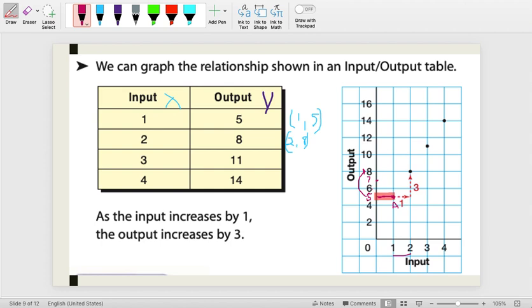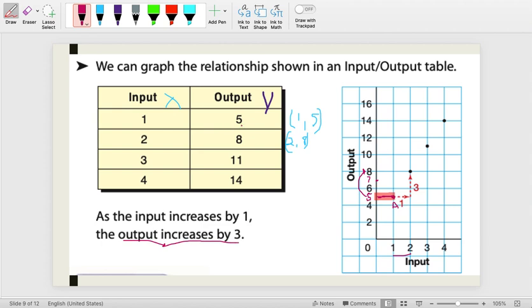So when we go up, even though it looks like it's going up 1.5, it's actually, because of scaling, going up 3. Okay, so we started at this dot on 5, we go past the 6, past the 7, up to the 8. That means we've passed 3 numbers, so the output increases by 3.